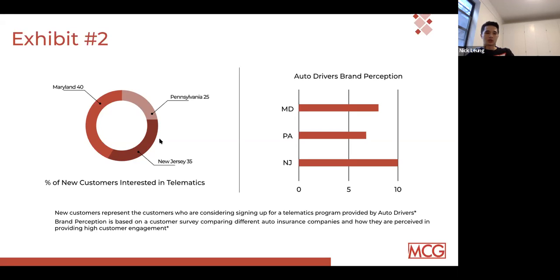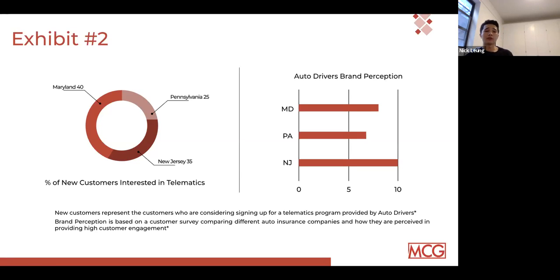But I think the trick to this case is to tie it back to the questions that were asked. You want to check off each thing that the client is asking for. So not only whether you should apply OBD or mobile, but also answering the question that they want to expand into states that have low brand perception, and Pennsylvania presents that.